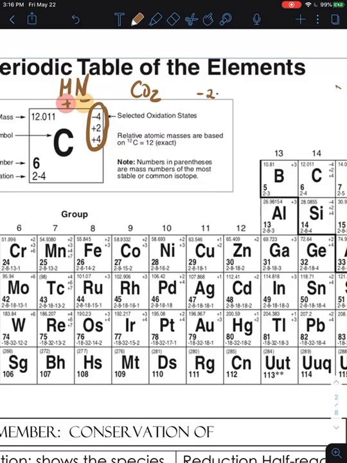I'm going to multiply that by the subscript, so that's going to be a -4 in total. It must balance out to 0 because I don't see any polyatomic ions. I don't see any brackets. Therefore, the carbon must be a +4 in order for that to be a balanced equation.